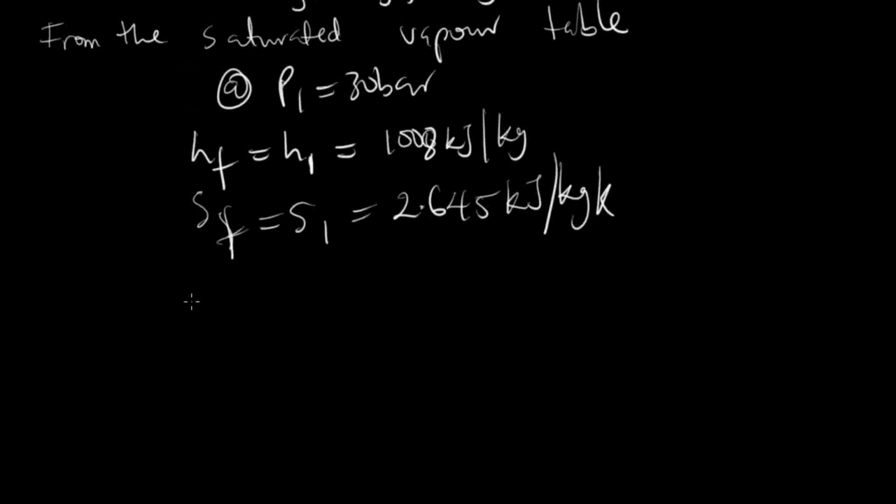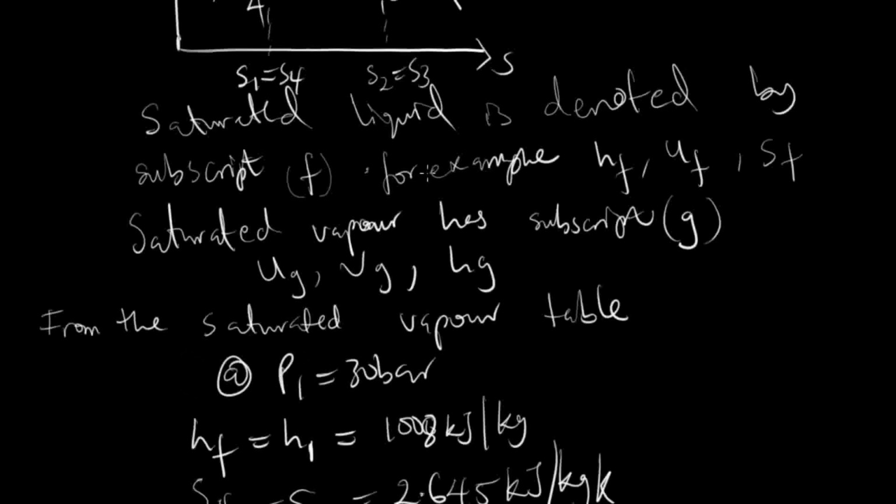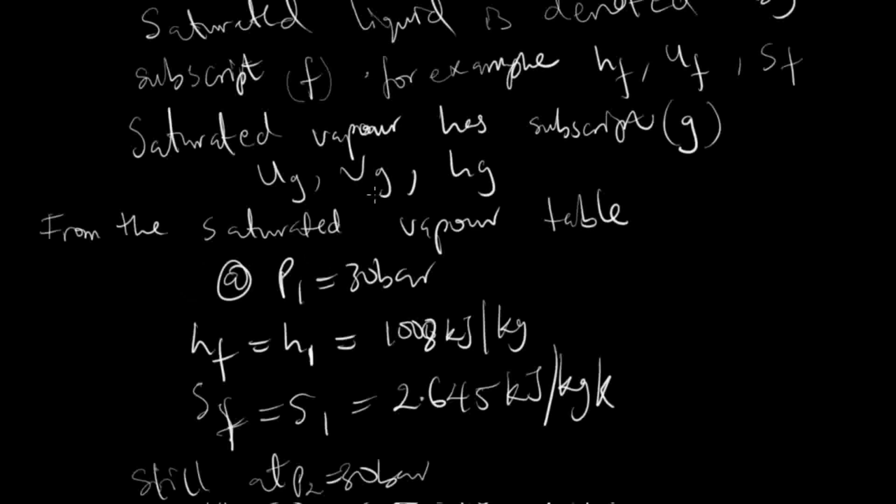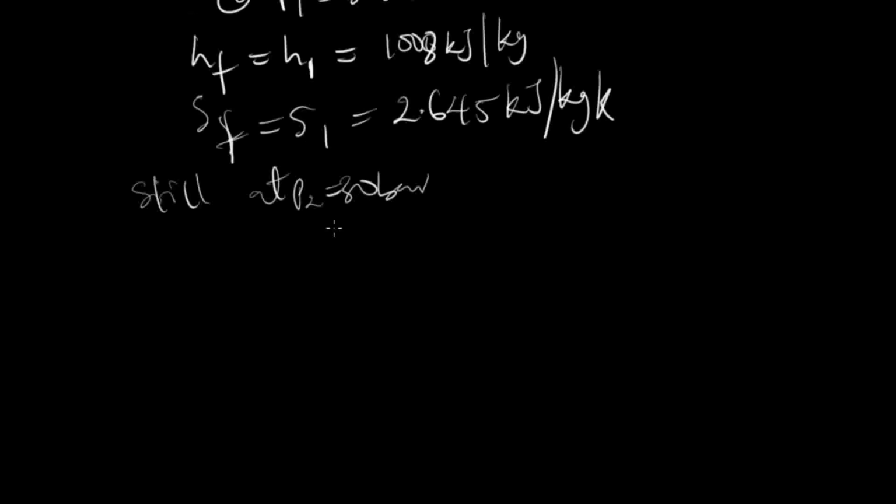Now h2, still at 30 bar, which is P2. It doesn't change, it's the same pressure at state 2. So go to the hg part, the vapor part, and find hg.